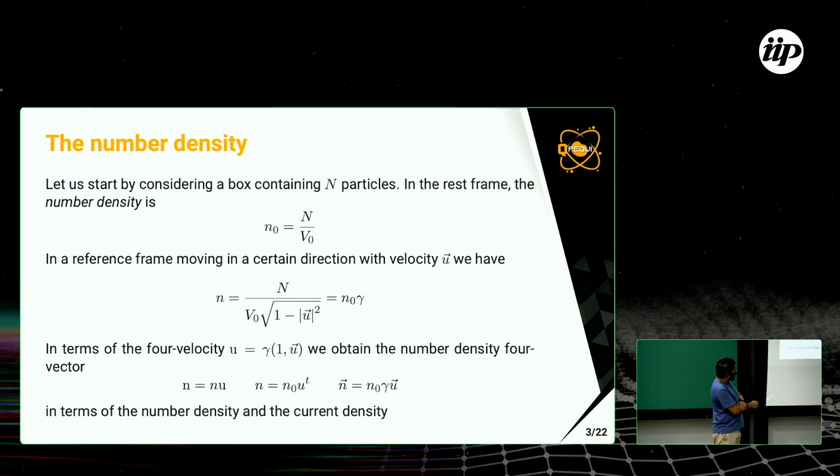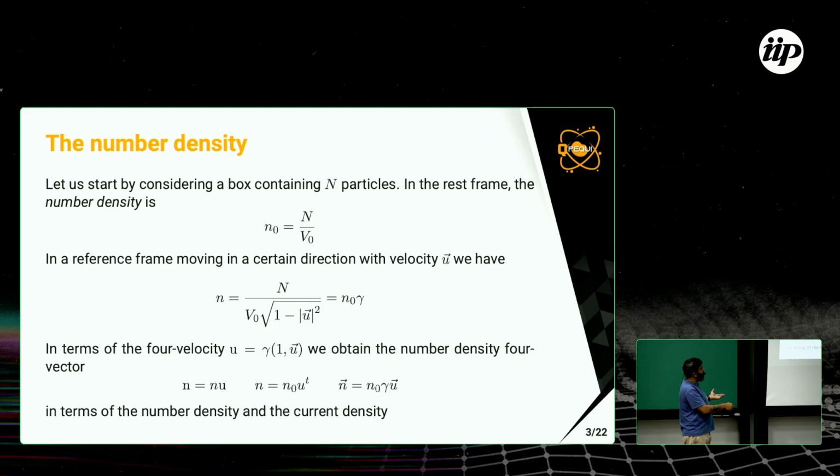So we can write this in terms of a 4 velocity vector. This is just the time component of the 4 velocity vector, and this is the 3-dimensional velocity of the guy. And then we can simply write the number density 4 vector like this.